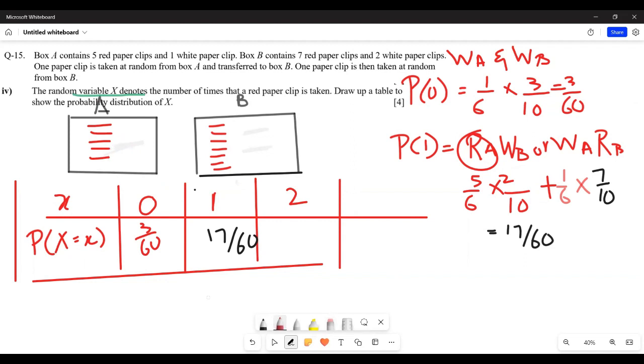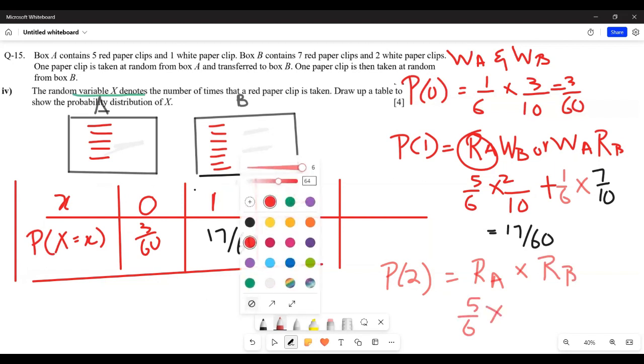Now probability that you get both the white clips is when you get a white clip from A. Sorry, both are red, not white. So you get a red clip from A and a red clip from B. So that's 5/6 times, that red clip now goes to this one.